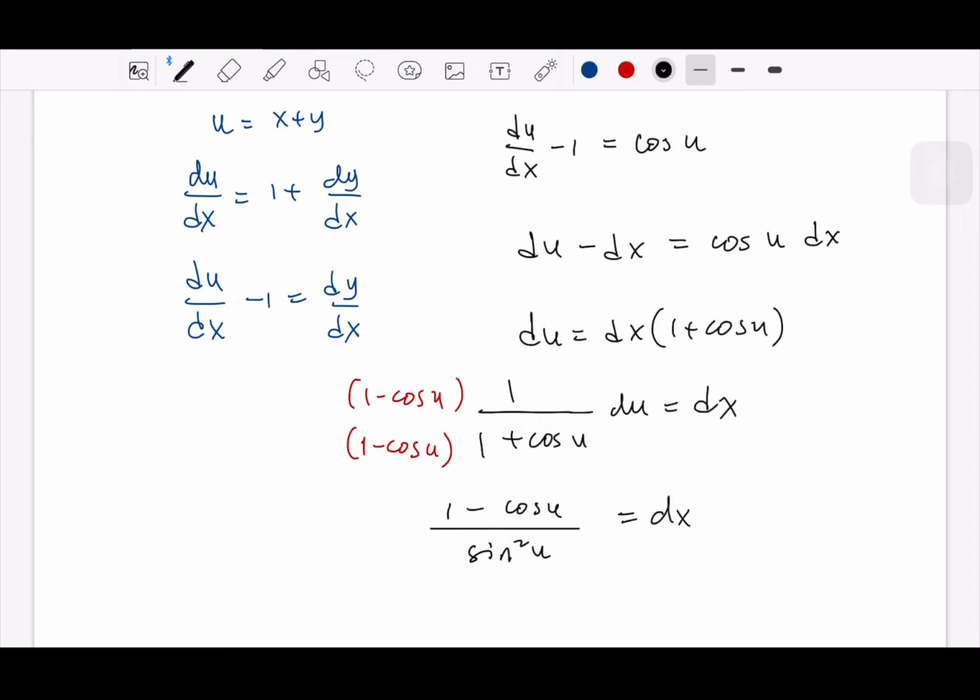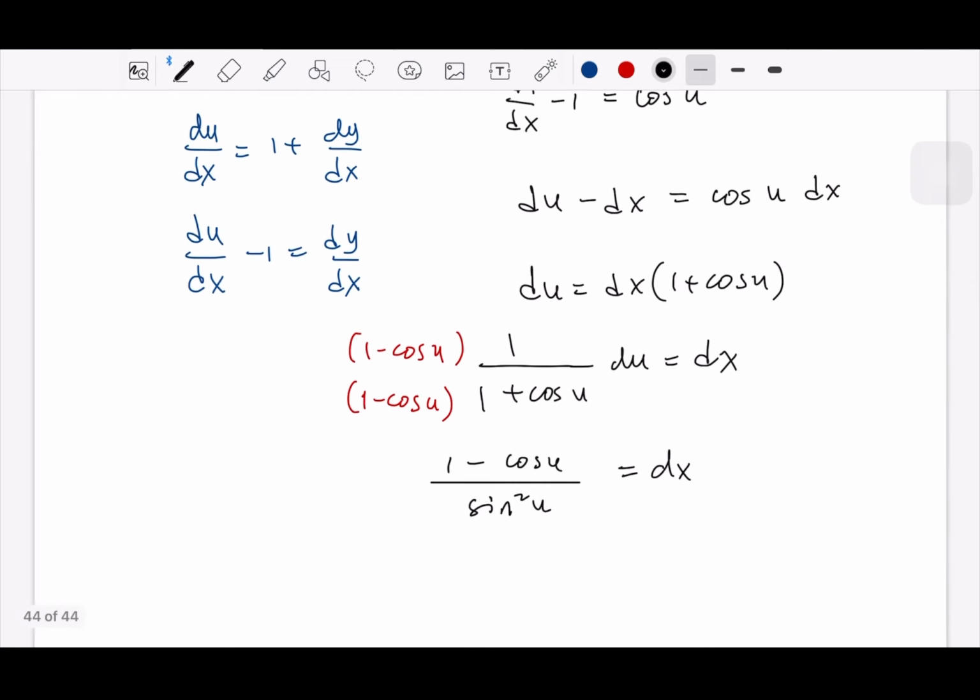And now I think we can integrate. I think 1 over sine squared on one side, minus cosine over sine squared. So let me write here: 1 over sine squared u du. We can integrate, minus integrate cosine u over sine squared u du.